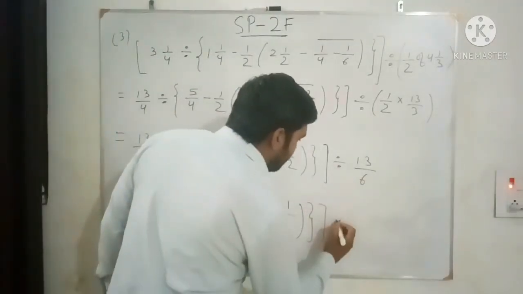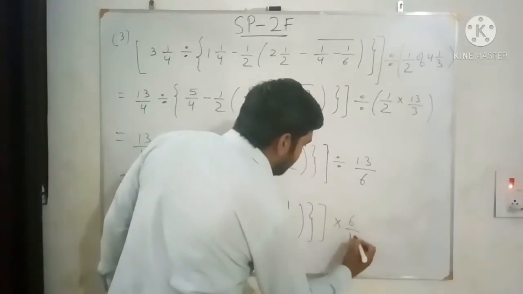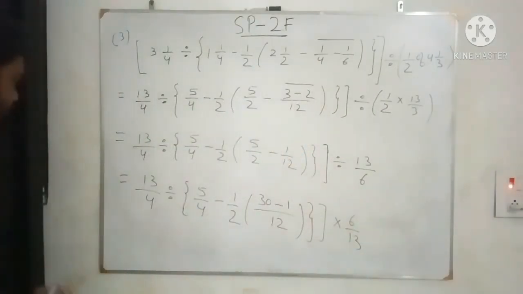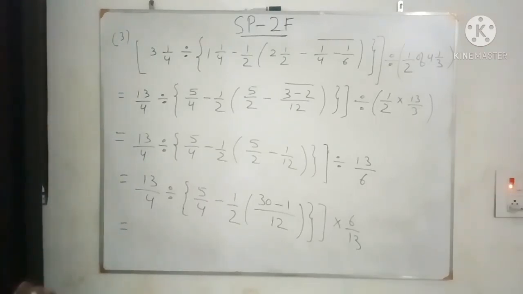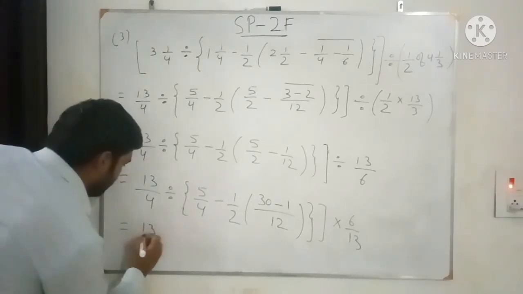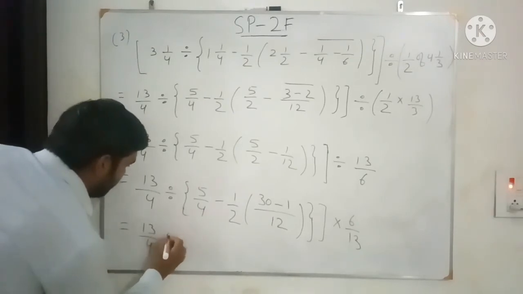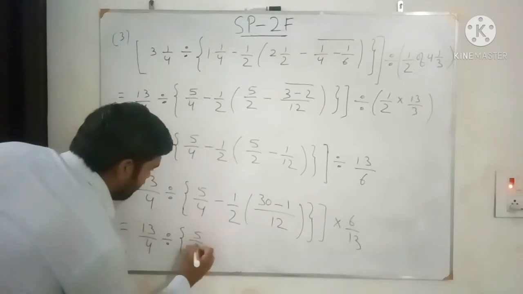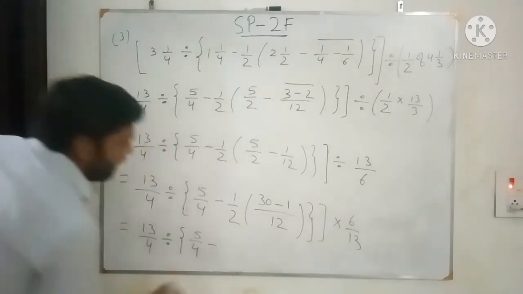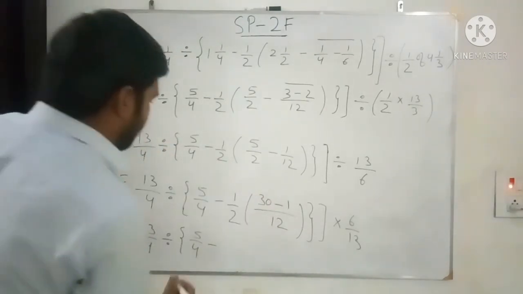Convert this divide into multiply. The fraction will be the reciprocal, 6 by 13. Now 13 by 4 divide 5 by 4. Now 30 minus 1 gives 29 by 12.